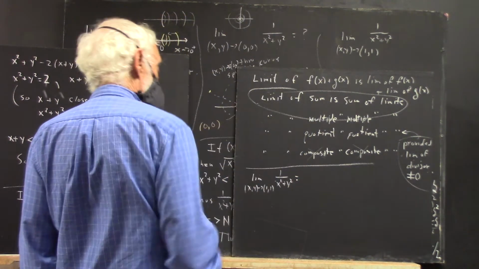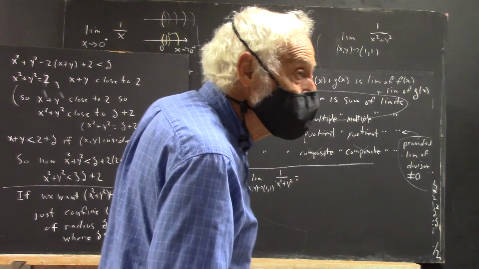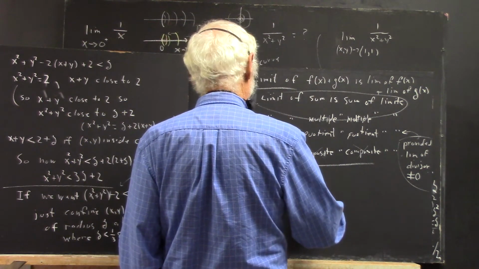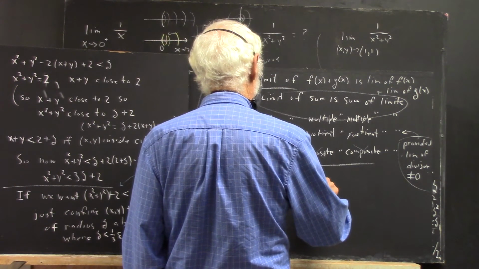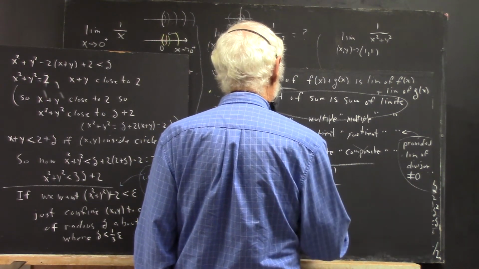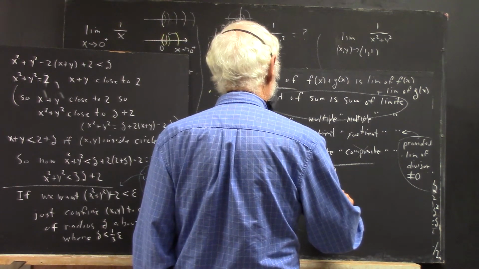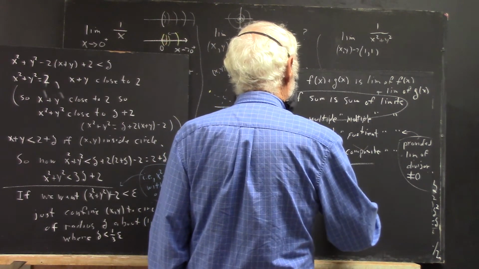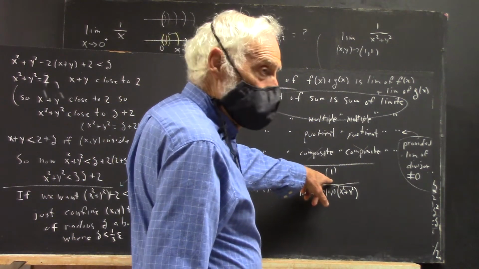the limit of 1 over x squared plus y squared that I just did in terms of epsilons and deltas, that limit is, as x, y goes to 1, 1, of 1.